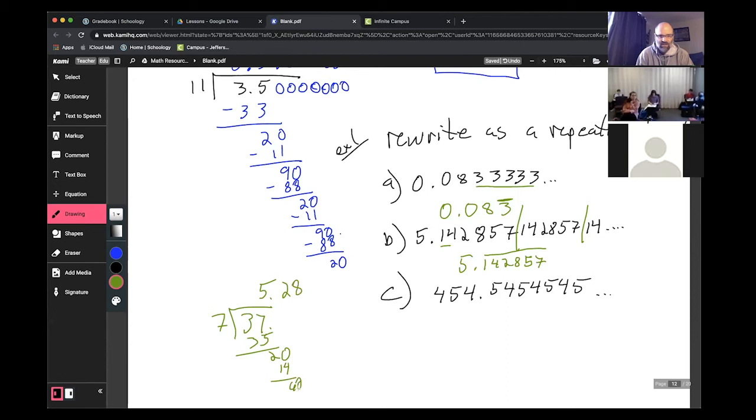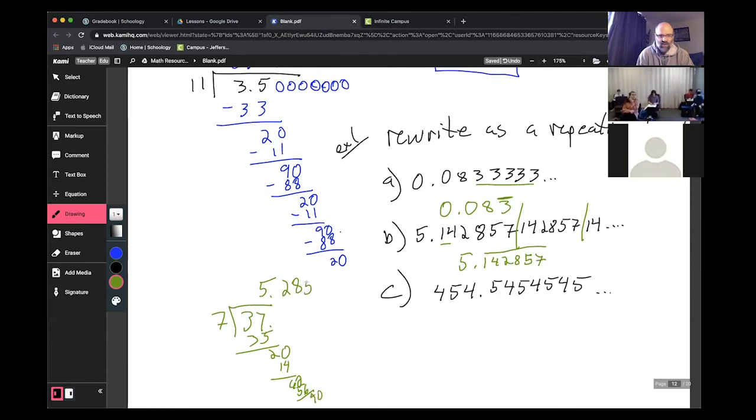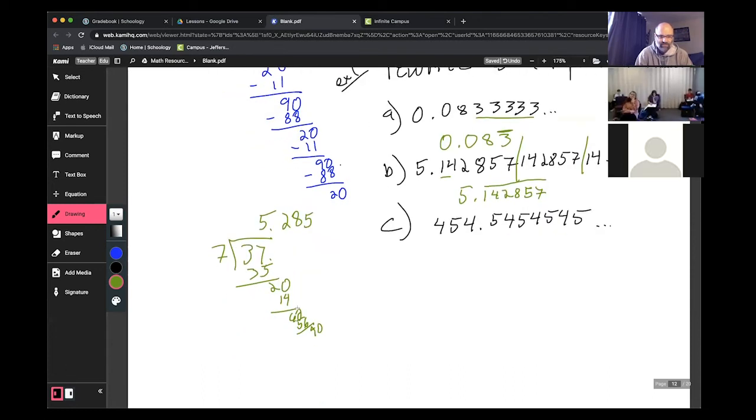It's 8, 56, 4, 5. Oh, I meant to say 6 there. Whatever. Okay, 285, so 35. Blah blah. So if that was a 36, it would have been 142,857. But when you divide by 7, it creates this crazy long repeating decimal.